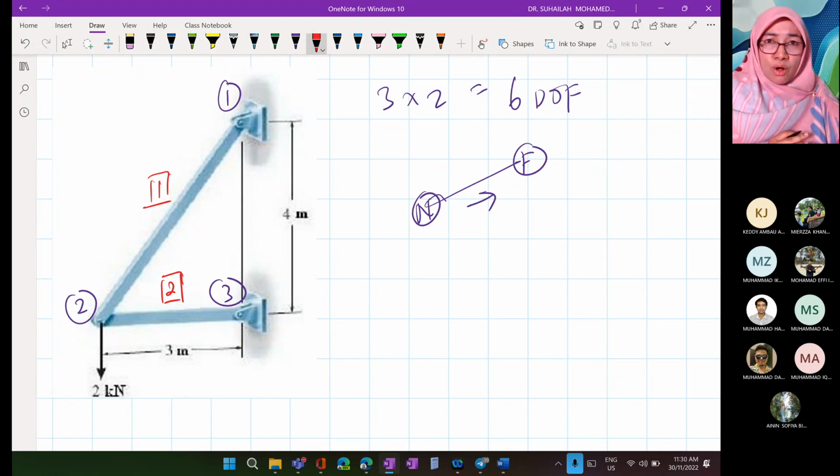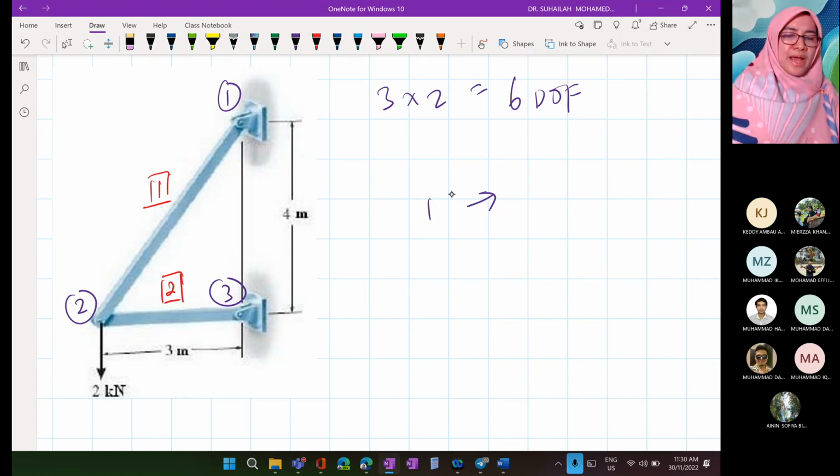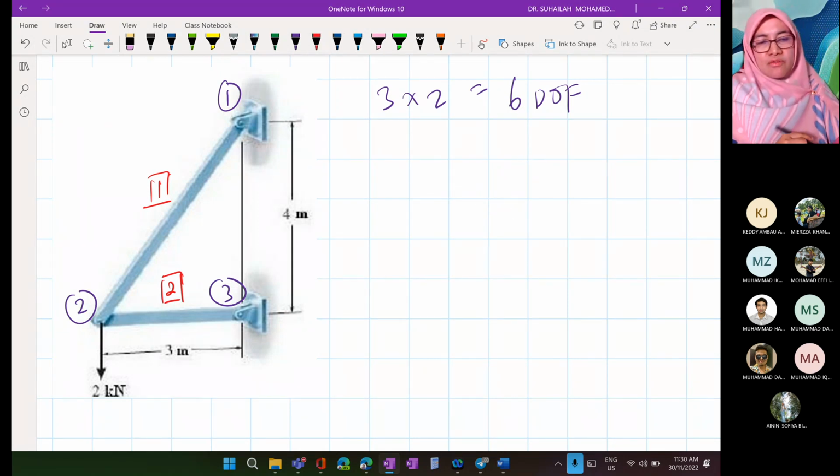We write the element number in a box and the nodes in a circle. So 3 by 2 equals 6 degrees of freedom, and we have to label the 6 degrees of freedom according to unconstrained and constrained.